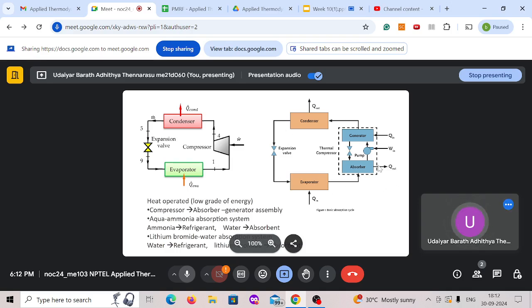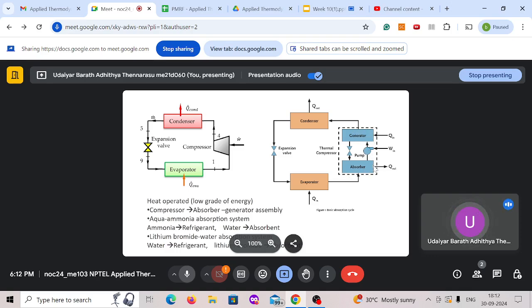Initially you have a mixture of the absorbent and the refrigerant, which in this case you can say is ammonia and water. So you have that ammonia and water mixture in the absorber, which is pumped through the pump to the generator.